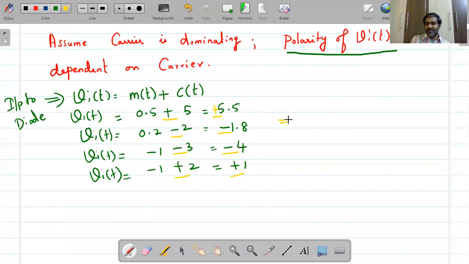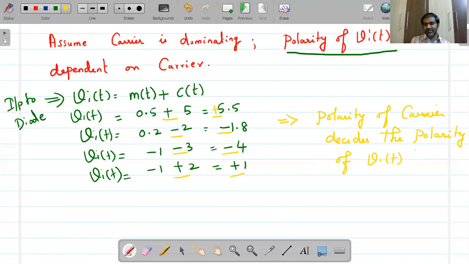The observation here is that the polarity of the carrier decides the polarity of Va of t. Va of t is what? The diode input.